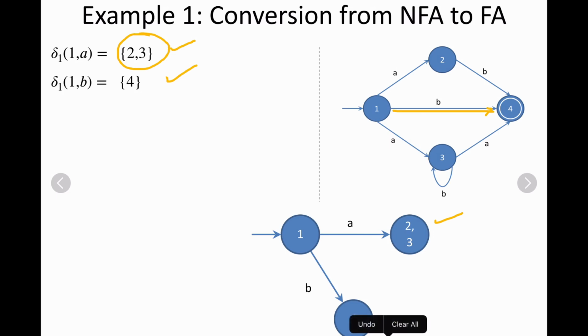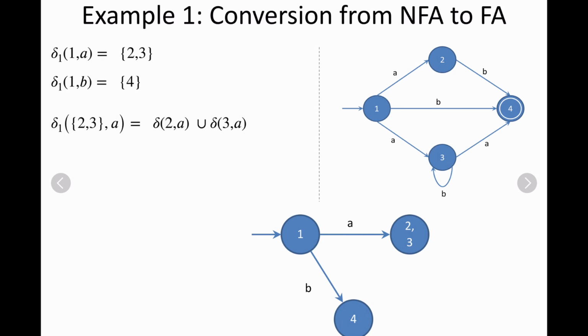Right? So once you get a new state, take it and find its transitions from the NFA. Now delta of {2, 3} on A. You can split it like this: delta of 2, A union delta of 3, A. Delta of 2, A has no transition, so you write phi.